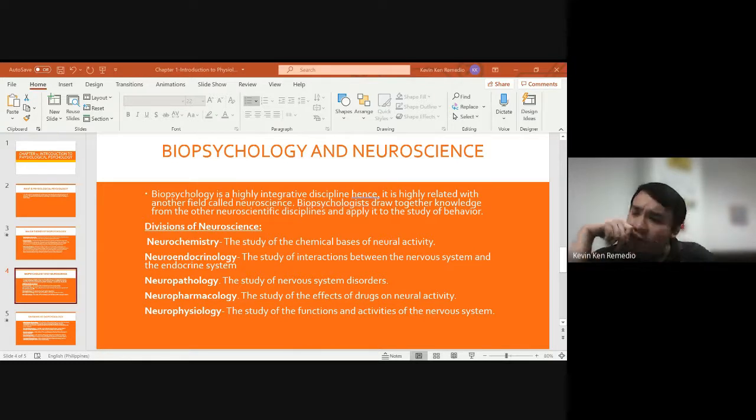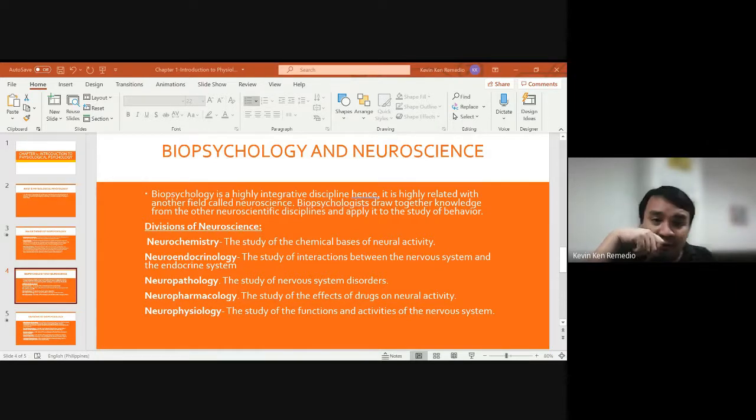Biopsychology and abnormal psych, biopsychology and even counseling, kay pwede man kadiha makadevelop og interventions. Or biopsychology and social psychology. Because in biopsych, we look at the biological origins of our behavior. And social psychology could be the field that makes sense of that dynamic. So daghan, it's a far-reaching concept.